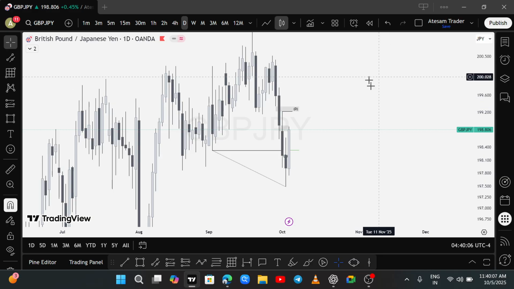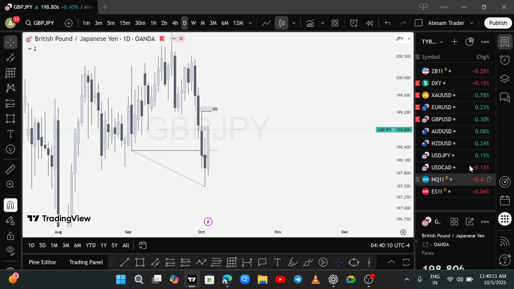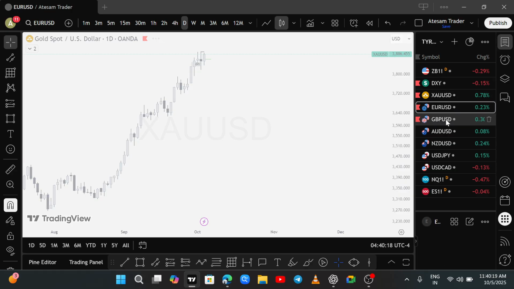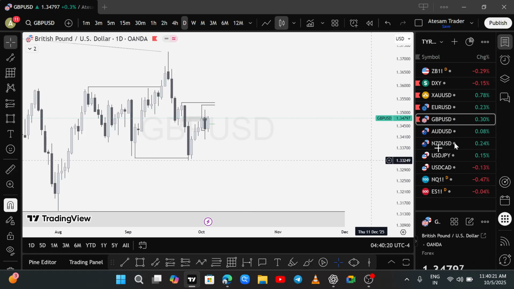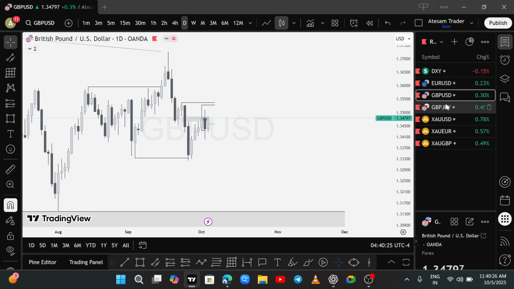Okay, guys, this is all about the pairs. And what do we have? We have nice drawn liquidity for Monday on the gold as well as Euro USD and GBP USD. I am not sure. And GBP JPY, yeah. So I look to trade GBP JPY and gold.